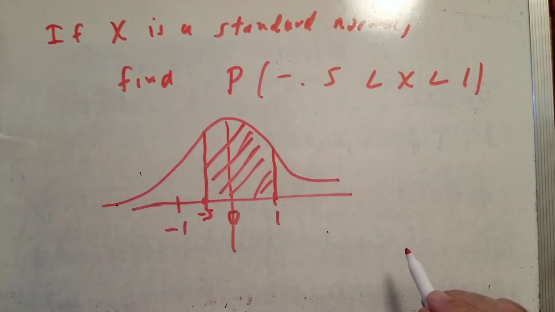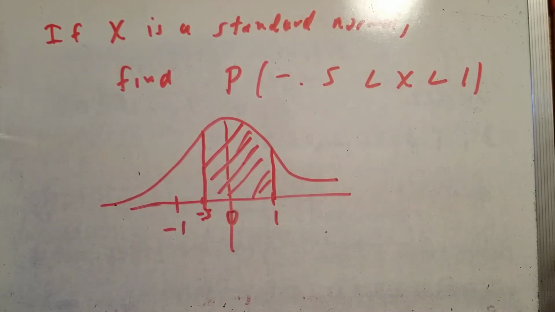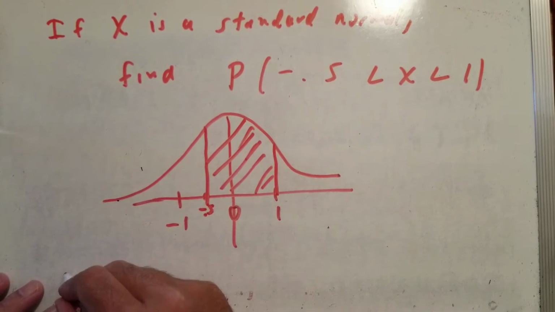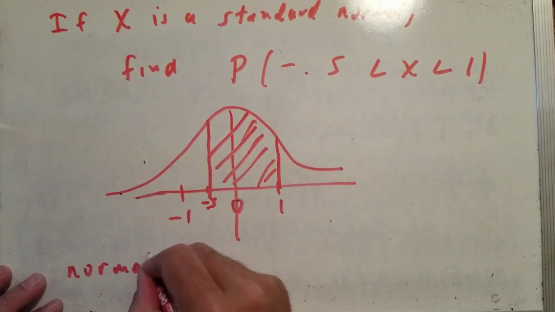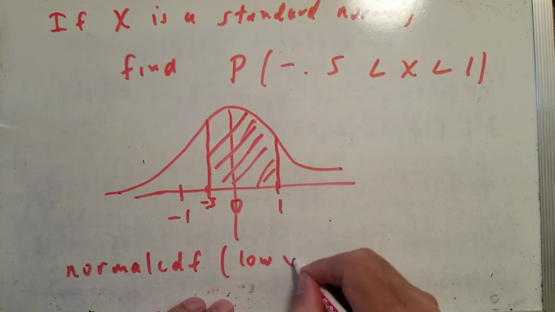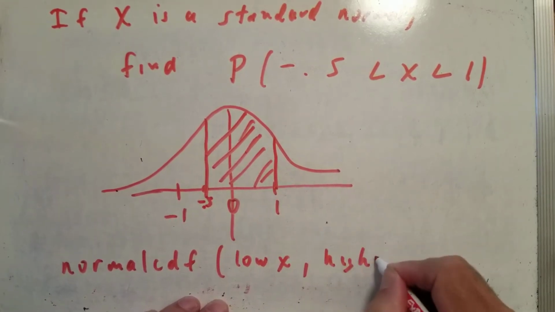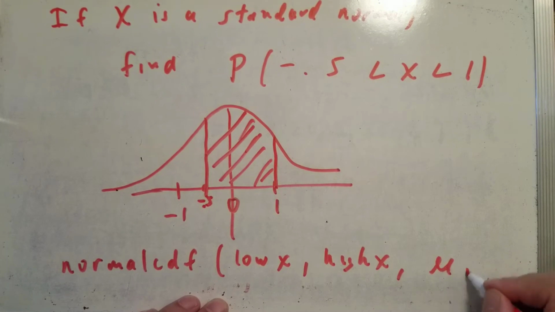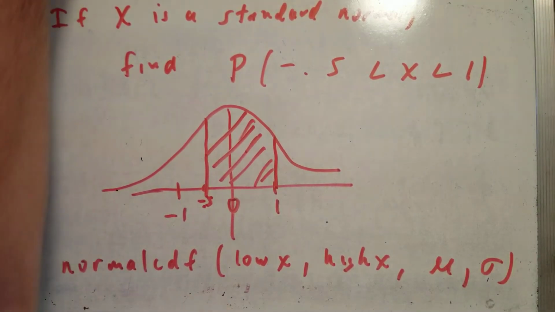Now, calculating that shaded area is really a calculus problem, but there's a built-in function on the calculator that we're going to use, and it's called normal CDF, and the parameters are the low x value, the high x value, the mean, and the standard deviation.